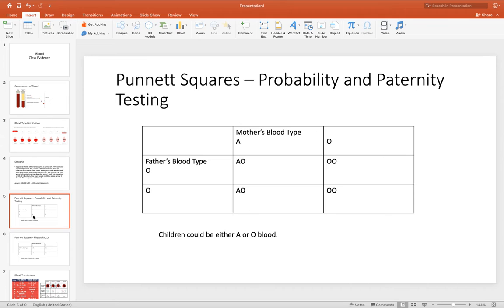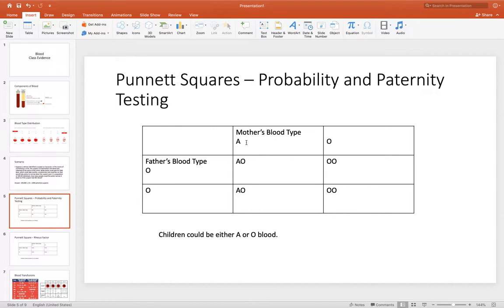Now, what else could we use blood as class evidence for? Well, we can also use it for paternity testing and Punnett squares. So in this example, you can see mother's blood type and father's blood type. Mother's blood type being AO and father's blood type being OO. Now, these are letters I had to give you. So I have to give you the genotype in order to be able to determine what that paternity testing looks like.